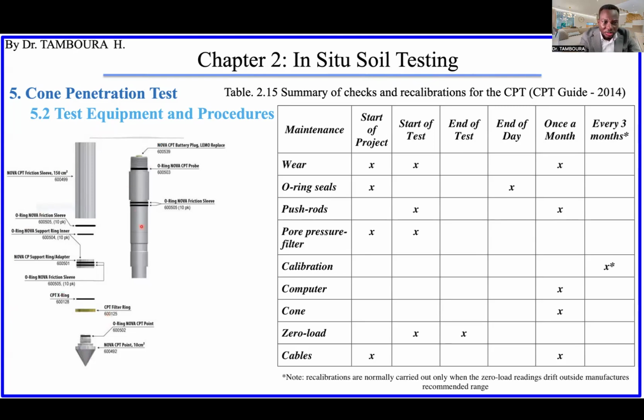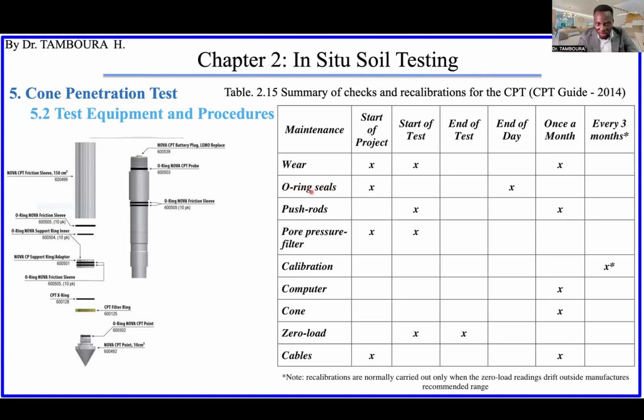These are the parts of the penetrometer. You can see the cone is just here. You can remove it and store it somewhere safe. This one is a filter ring, and we have a lot of O-rings.